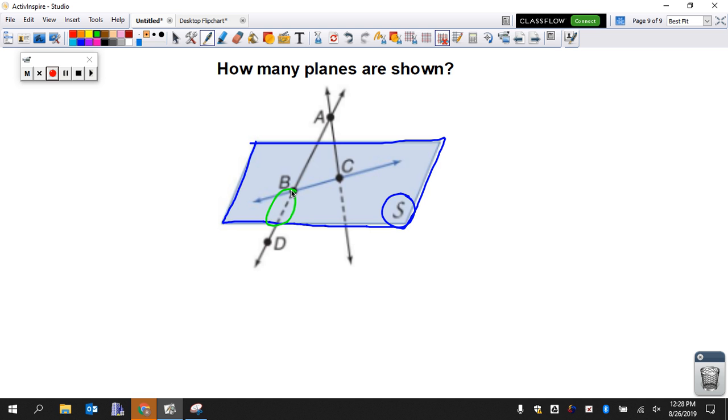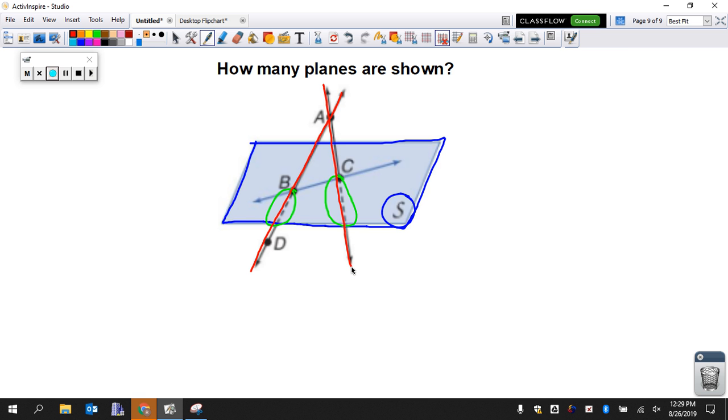That means that it is hidden and is behind plane S. So that means that the line A, B, and D actually goes through the plane, and AC also goes through the plane S.